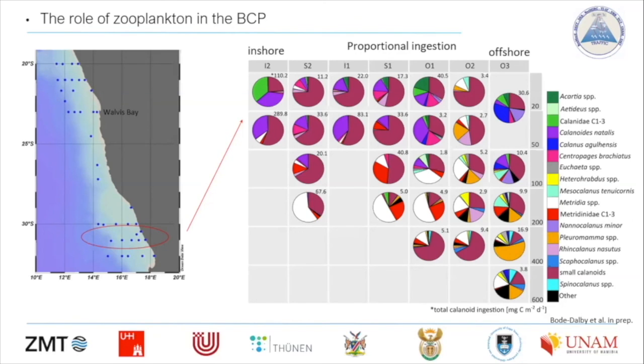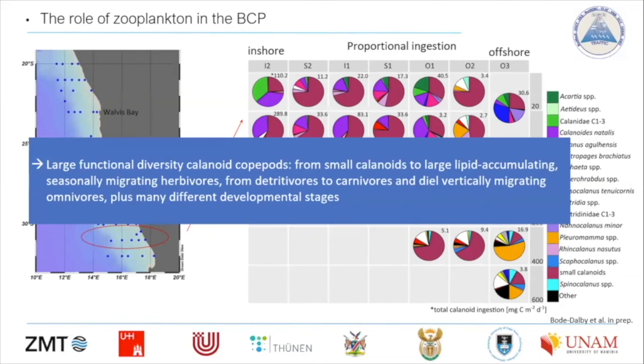And so this is just to say that the functional diversity of the calanoid copepods is enormous, from small calanoids to large lipid-accumulating, seasonally migrating herbivores, from detritivores to carnivores, and diel vertically migrating omnivores. And plus, we also saw many different developmental stages, which were also dominant at times and have different feeding strategies in their older developmental stages.